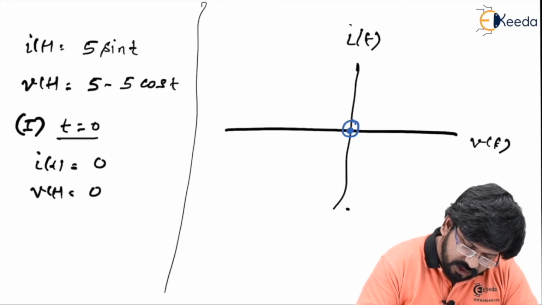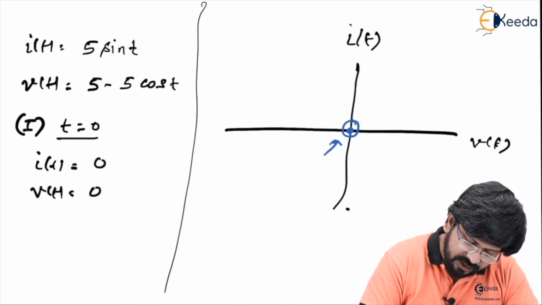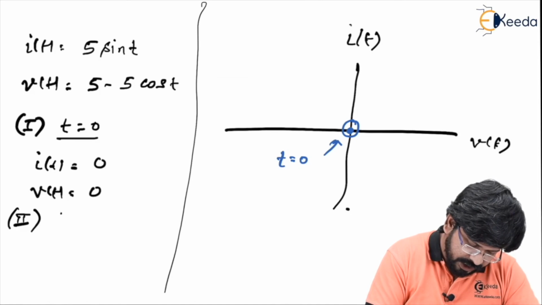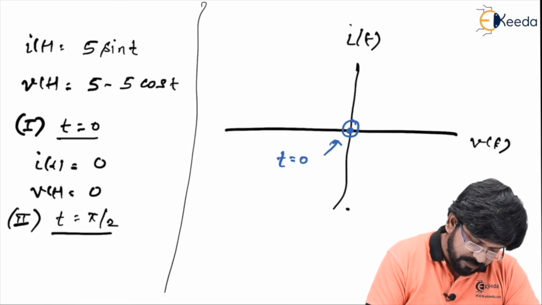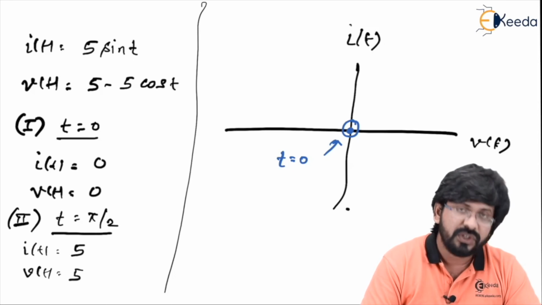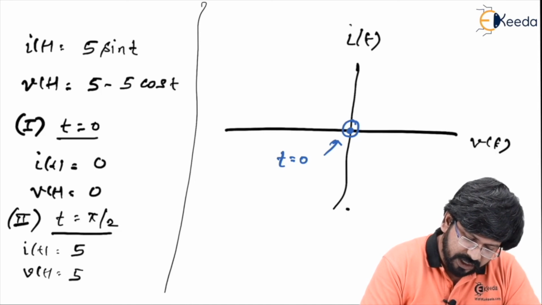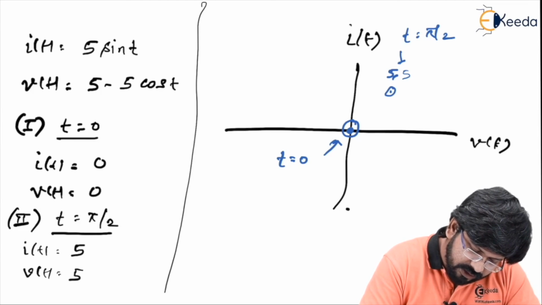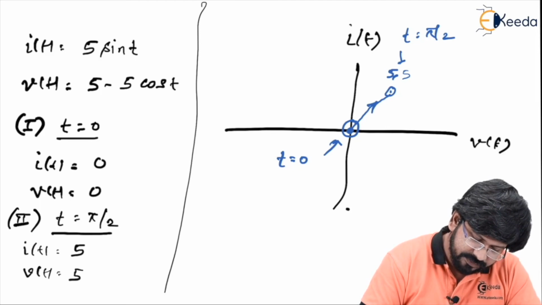Let us get the second value by having t equal to pi by 2. If you substitute t equal to pi by 2, I(t) becomes 5 and V(t) also becomes 5. So at pi by 2 you get 5 comma 5. It means somewhere here you will get 5 comma 5 at t equal to pi by 2. It means I am getting a curve like this.